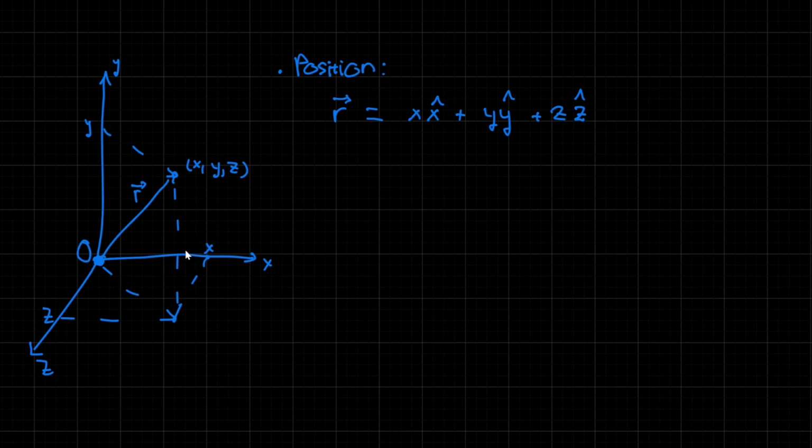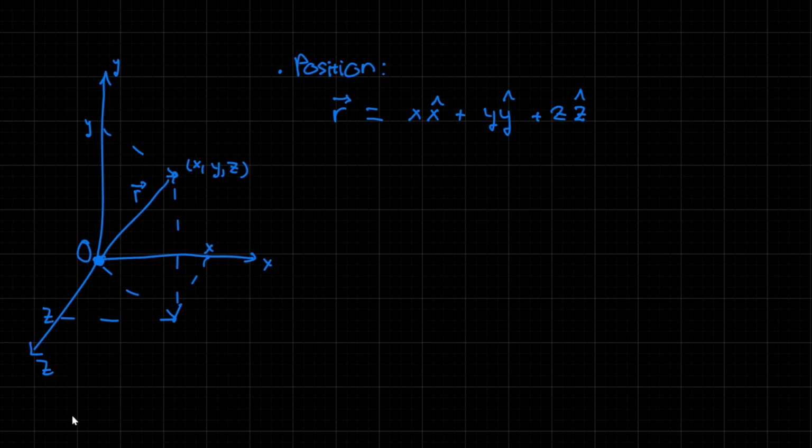Previously we only used the value x to define the position of an object, but in 3D coordinates, the object will be defined with three numbers, which are of course x, y, and z.